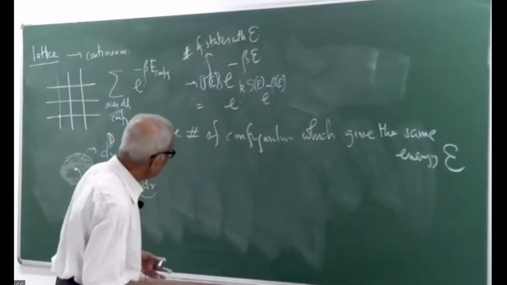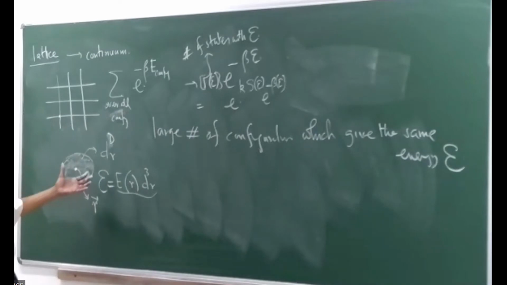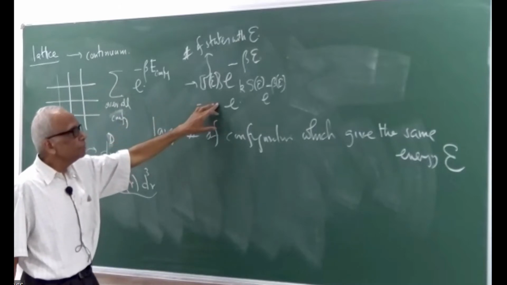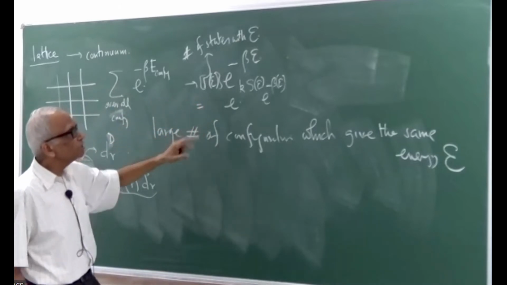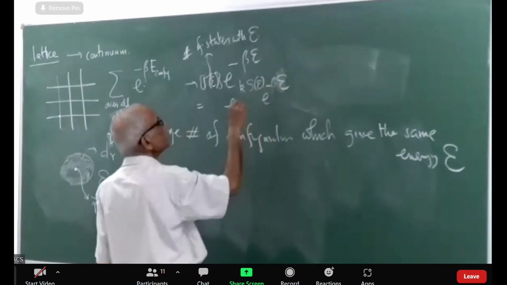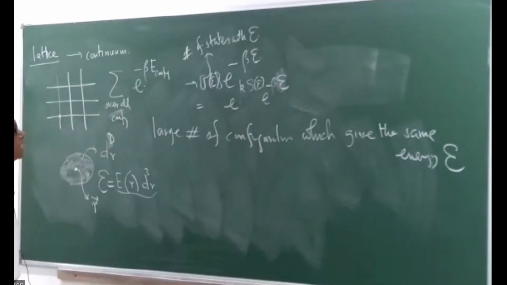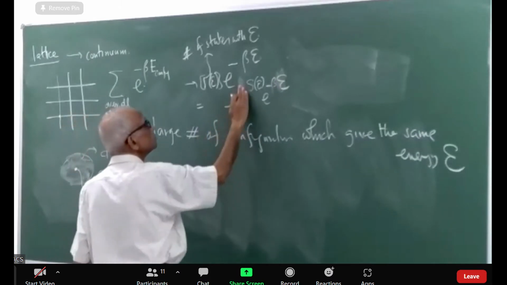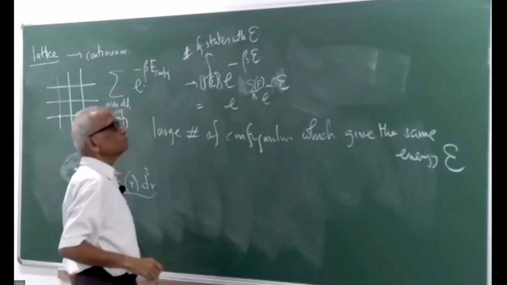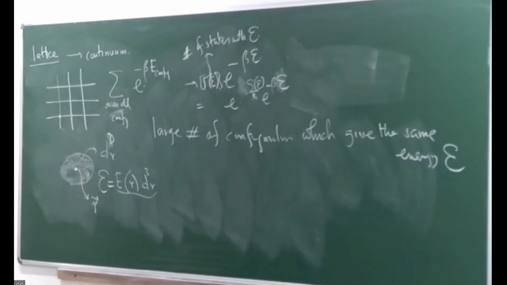So when I make this transition from the discrete to the continuum, the first thing that I need to do is use e to the power S by k.